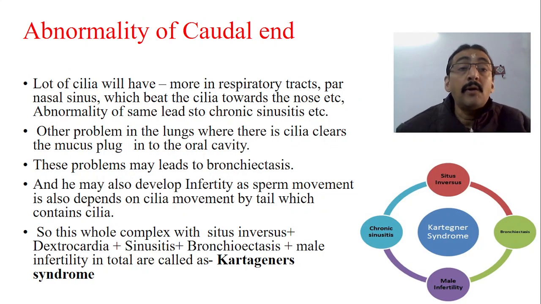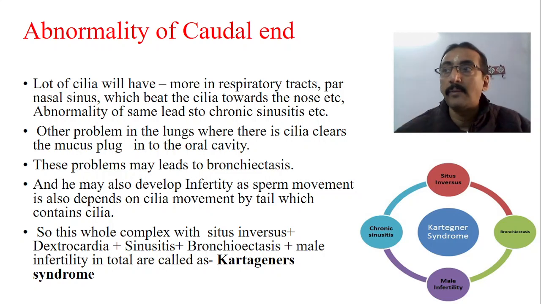Now, we have a lot of cilia in the respiratory tracts. A lot of cilia will be there in the paranasal sinus also, which beat towards the nose, and abnormality of the same may lead to chronic sinusitis.